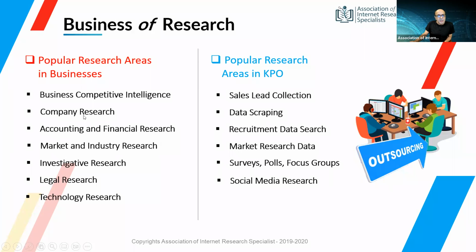And within these headings, or the top layered headings, there could be smaller reports, smaller sets of information that make different types of sub reports or ancillary reports to the main heading. So business comparative intelligence in terms of product pricing versus product feature sets versus bill of material, procurement, cost of material, and so on. You can do all those within the heading of business comparative intelligence. On the other side, we are dealing with KPO.